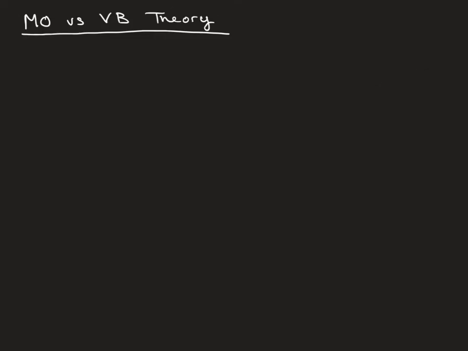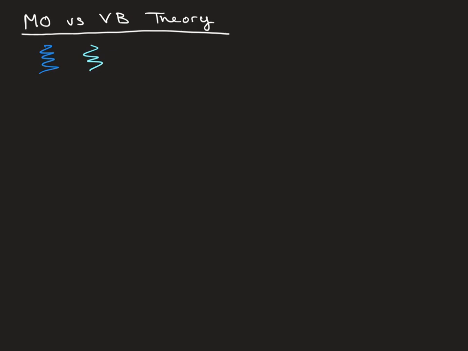We're going to end this video by talking a little bit about molecular orbital theory versus valence bond theory. A question that people often have is, which one is correct? In my mind, this is not a really great question, because it's akin to saying which one of these 2 colors is the correct color of blue. They're both colors of blue. They're both different representations of the color of blue, and neither is correctly the color of blue.